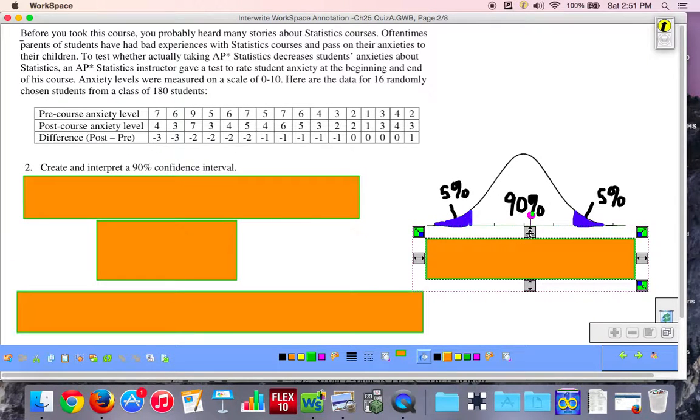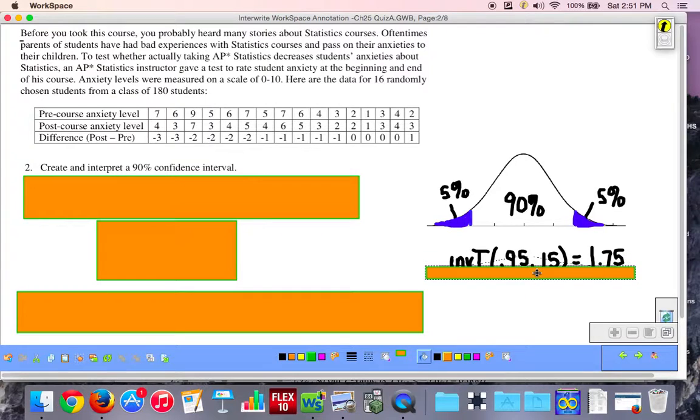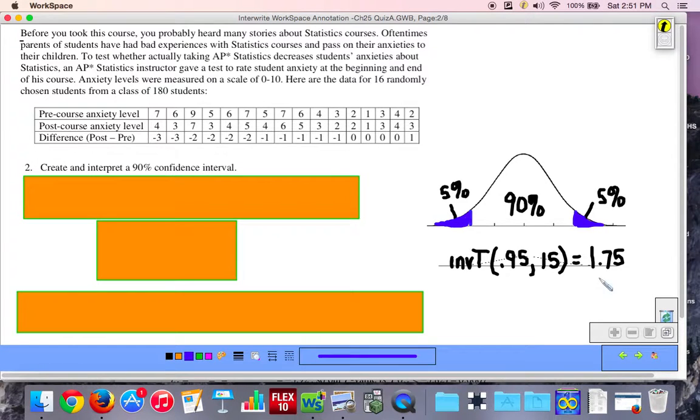Okay, so we know that this is an inverse t function, and if we plug into our calculator, we get inverse t of 0.95, comma, 15 degrees of freedom, equals 1.75. So the critical t-value for 0.95 with 15 degrees of freedom would be 1.75. That would be our t-value.